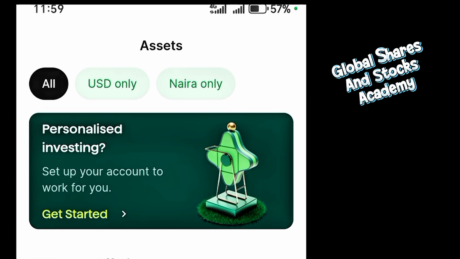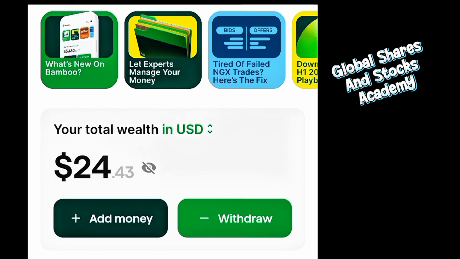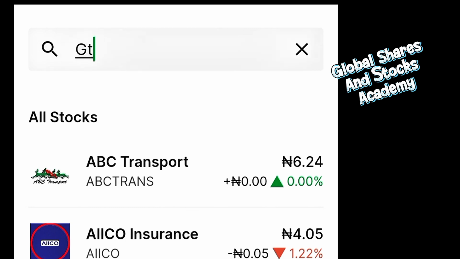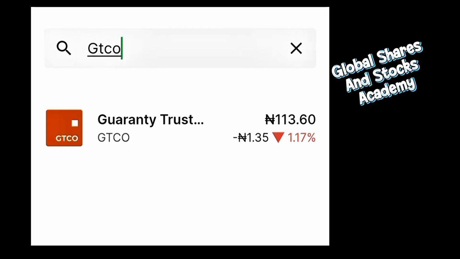Let's go again to buy another share. Another one that we'll be using as an example is GTCO. You can see the price of GTCO presently is 113 naira. Then it will load up for you.